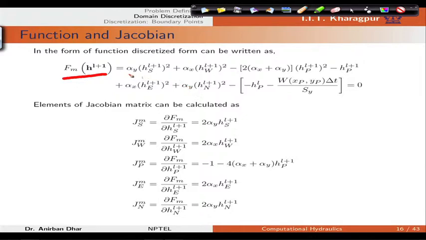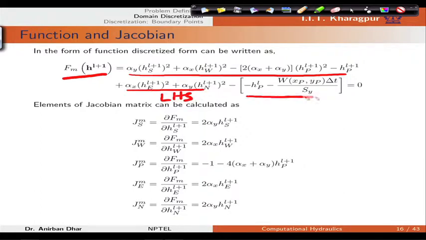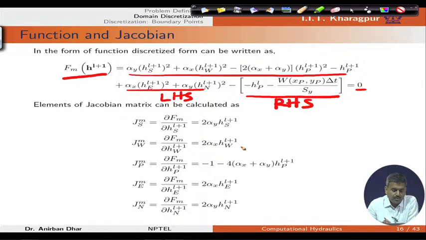So, I have written all left hand side terms here and transferred this right hand side to the left hand side and equated this one with 0. So, this is my function form. Now, I need to calculate the derivative terms or elements of the Jacobian matrix.